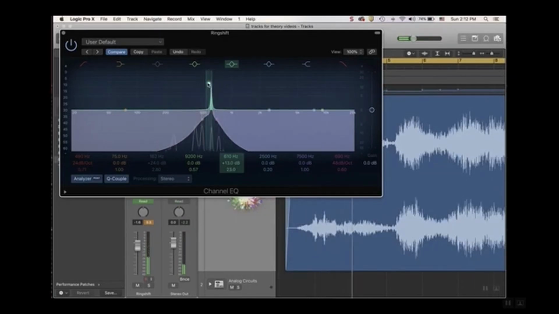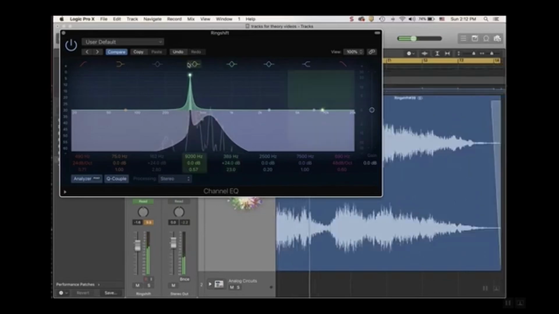Last time. This is when you just have a very, very narrow band. You can hear it kind of whistling at specific pitches.